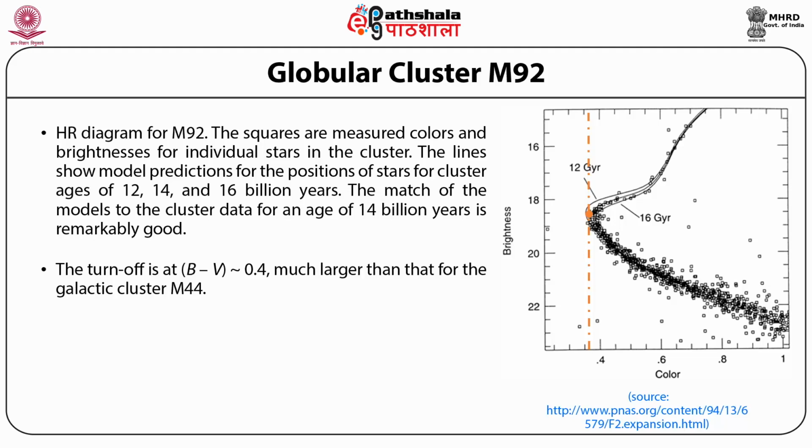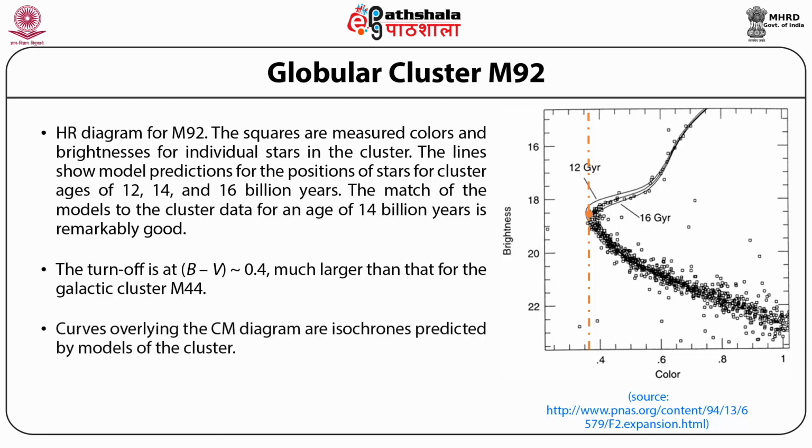The lines show model predictions for the positions of stars for cluster ages of 12, 14 and 16 billion years. So the curves overlying the CM diagram are isochrones predicted by the models of the clusters.